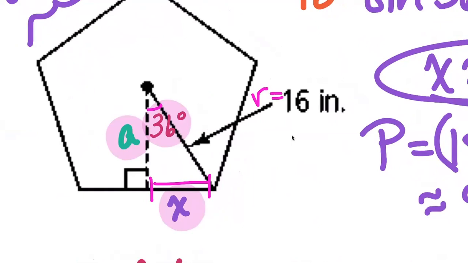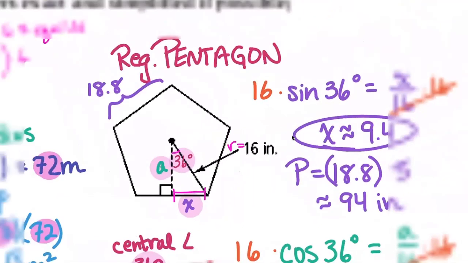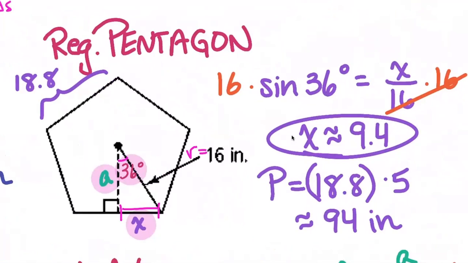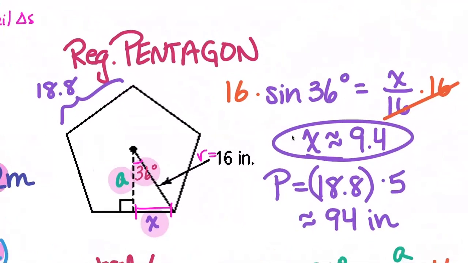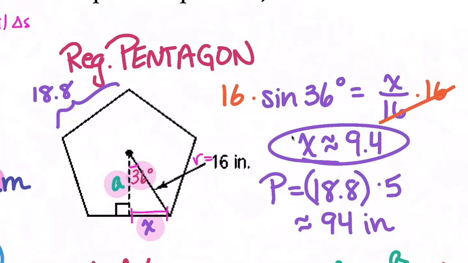We have 36 degrees. We're going to need to find both the apothem and the side length if we do 1/2 AP. So we need the side length in order to be able to do the perimeter. And so the side length is going to be, let's see, X. 9.4 is the X, oops, sorry. 9.4 is X value.